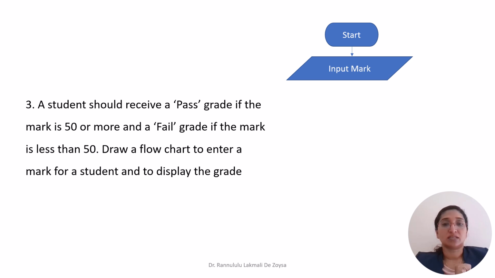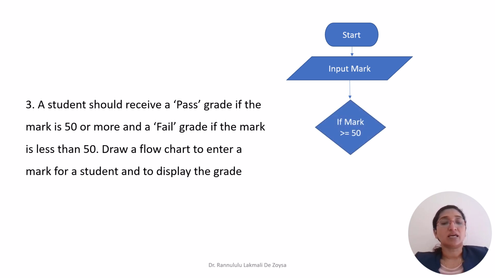You can't. What you have to do? You need to check. You need to make a decision. What is the symbol? The diamond shape. Inside the symbol, you have to write your condition. What is your condition? I said to make this correct, correct this as mark greater than or equals to 50.